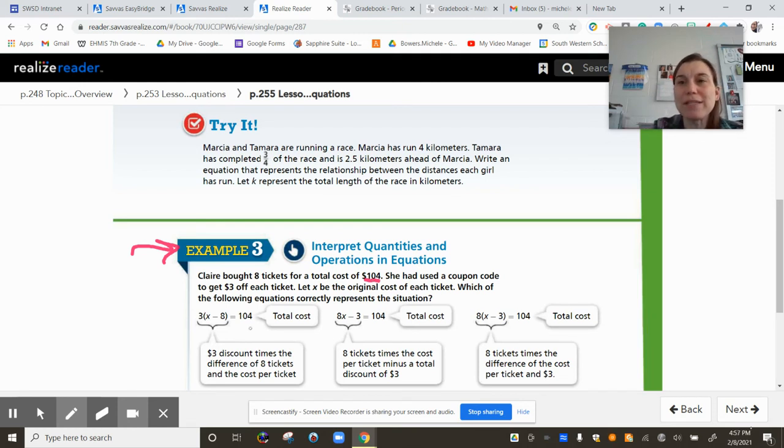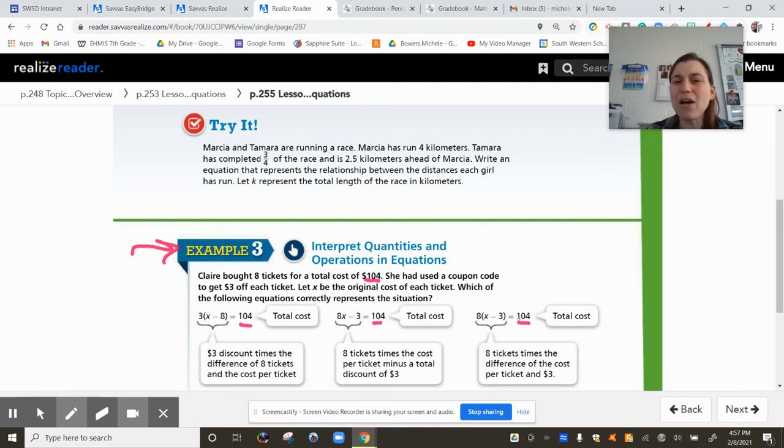Notice how the first choice has all the numbers involved: the X for the cost for each ticket, the 8, 3, and the 104. And 104 in all these equations is the total cost. It's by itself. The total is usually by itself on one side of the equation. That's what you'll notice pretty consistently.